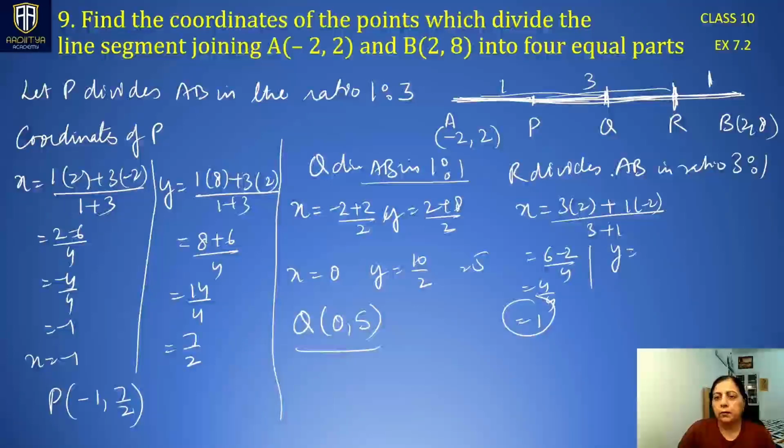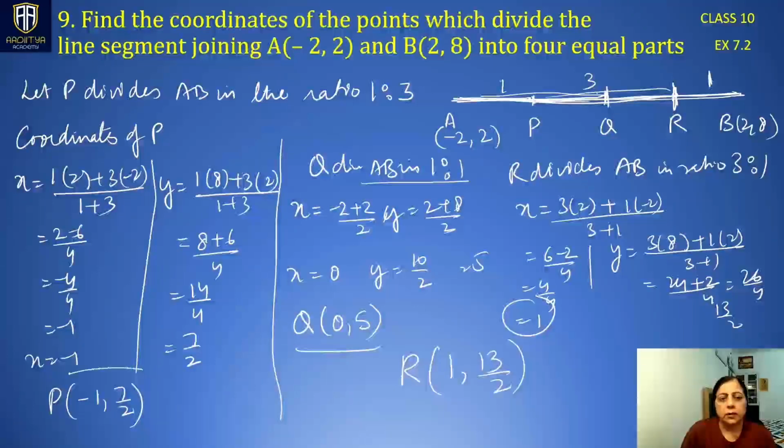For y, we have 3 multiplied by 8 plus 1 multiplied by 2, divided by 3 plus 1. 24 plus 2 by 4, 26 by 4, that is 13 by 2. So coordinates of R are 1, 13 by 2. So these are the 3 required coordinates of P, Q, R. Right?